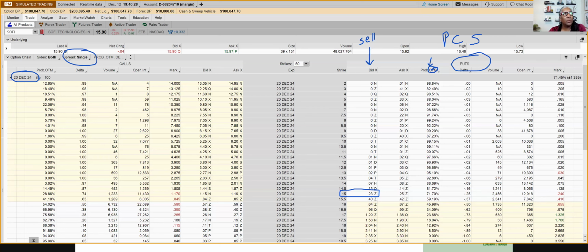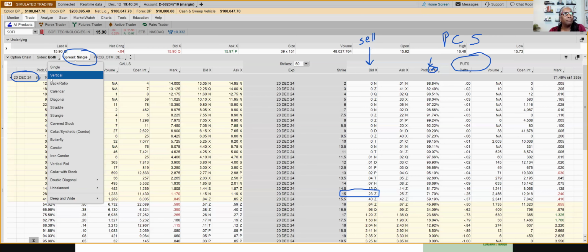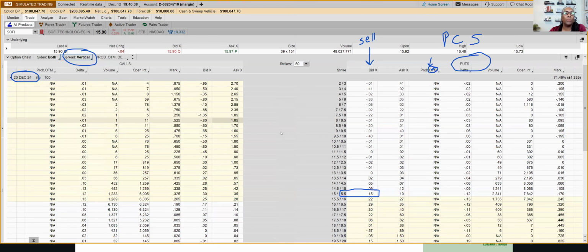But where it says single, we want to be on vertical, because we're doing a vertical credit spread. Sorry, I did not mean to pause the screen.